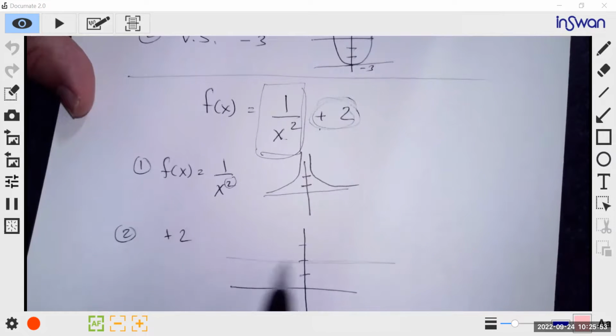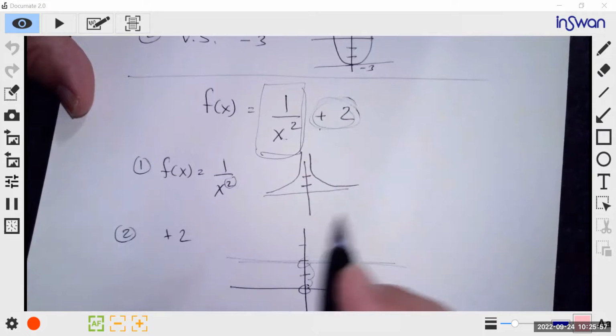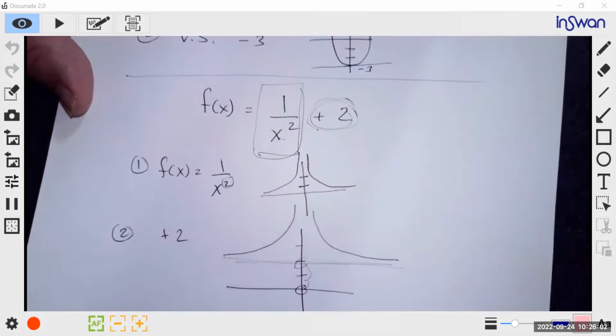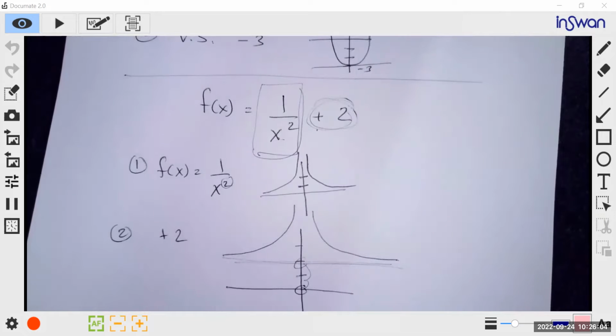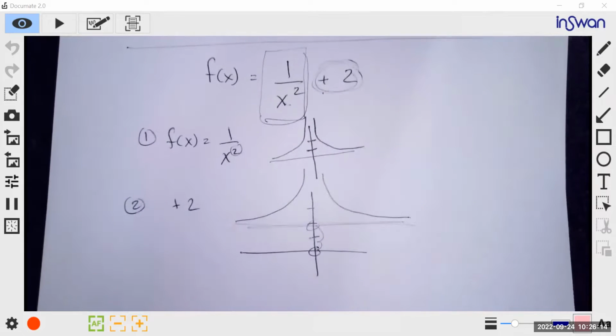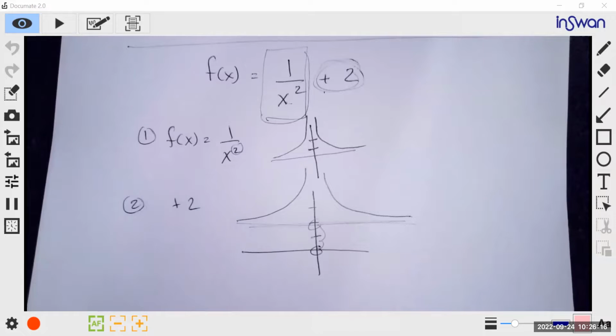So there's my new origin. It shifted up 2 spaces. The graph looks the same. So far, so good? Okay, let's do one where we combine all this stuff. And then we'll start looking at reflections.